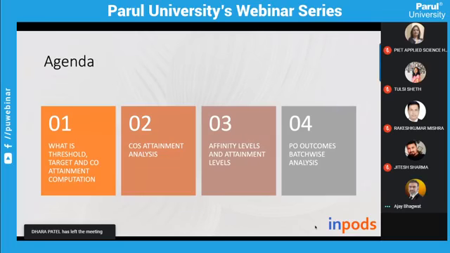Then, based on the time availability, we can quickly talk about how the outcome-based education framework also helps you improve the employability outcomes.